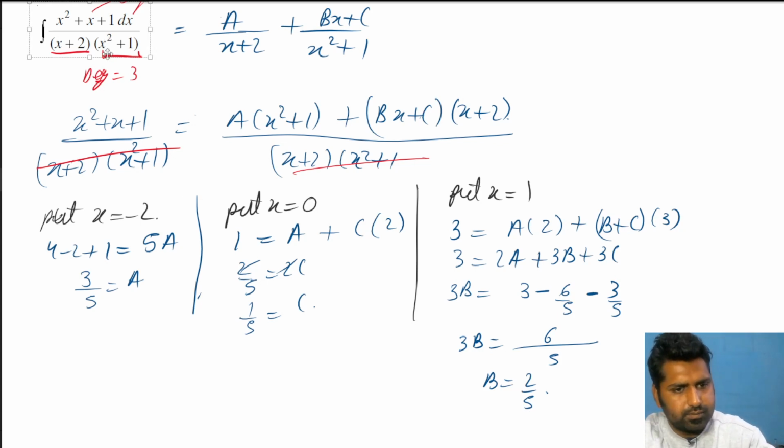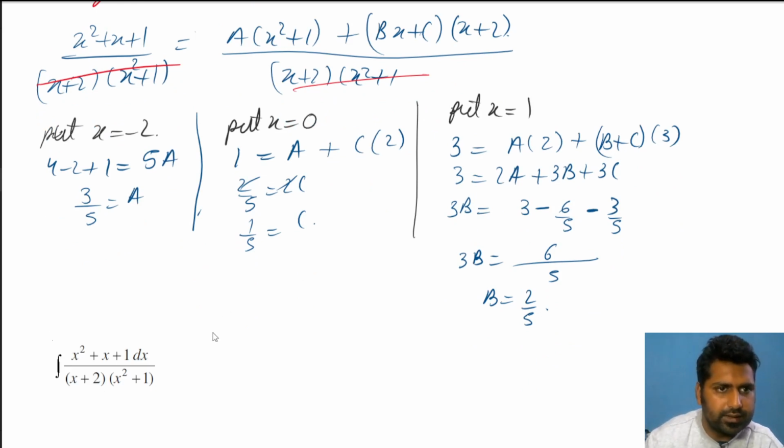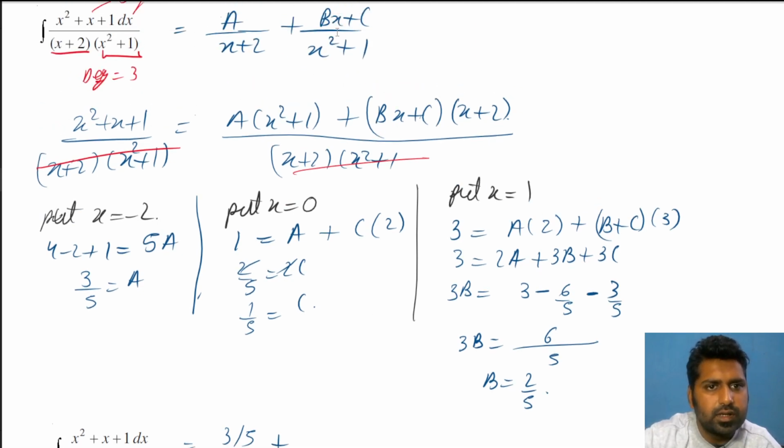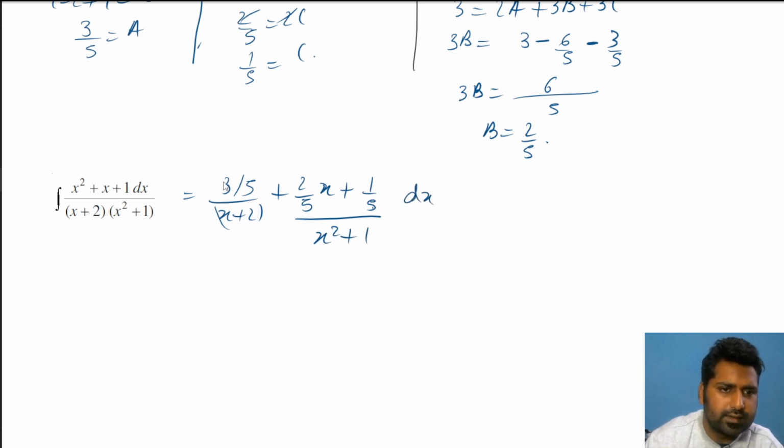Okay, let's copy the question, let's solve it now. So I can rewrite this as a was 3 by 5 upon x plus 2, then the partial fraction was bx plus c upon x square plus 1, so b is 2 by 5 x plus c is 1 by 5, upon x square plus 1 dx, and the integration.